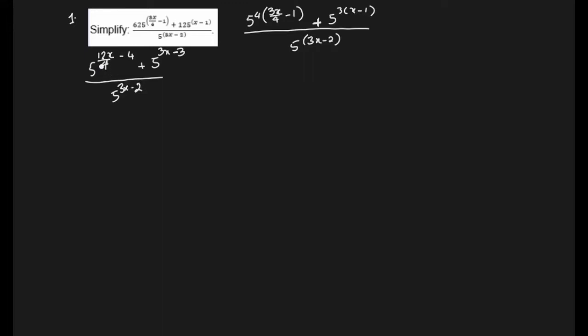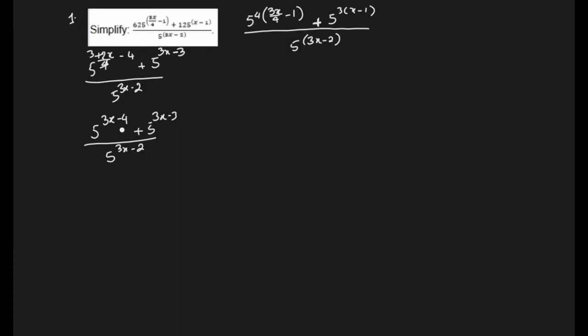Now this 4 and 12 can cancel, and now we see something which is interestingly common. So this one becomes 5 to the power 3x minus 4 plus 5 to the power 3x minus 3, divided by 5 to the power 3x minus 2.